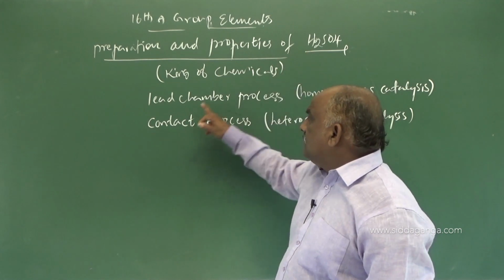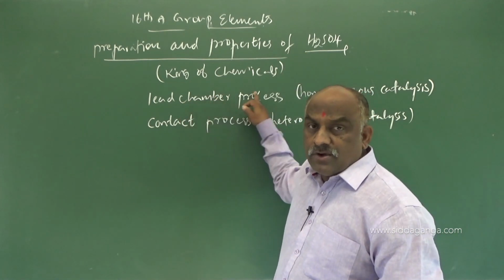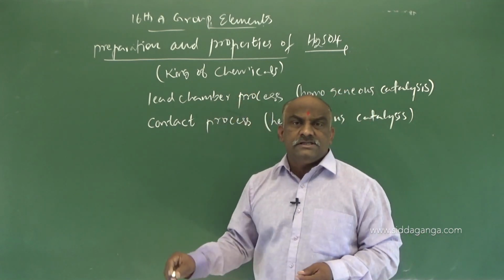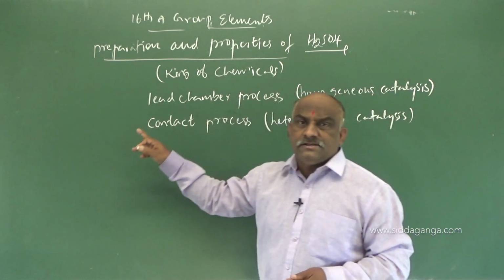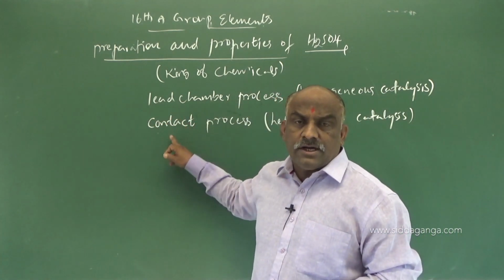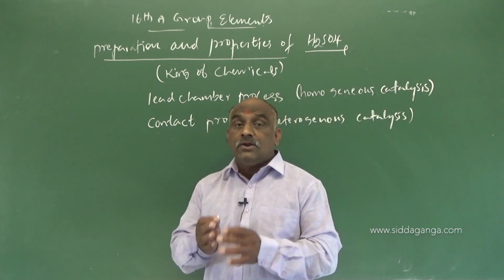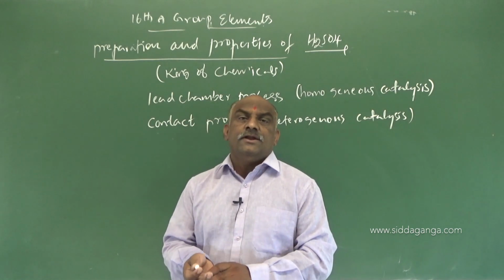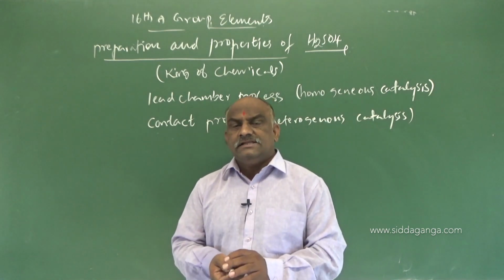The previous process is called the lead chamber process, an example of homogeneous catalysis. Nowadays, we choose the contact process, an example of heterogeneous catalysis.